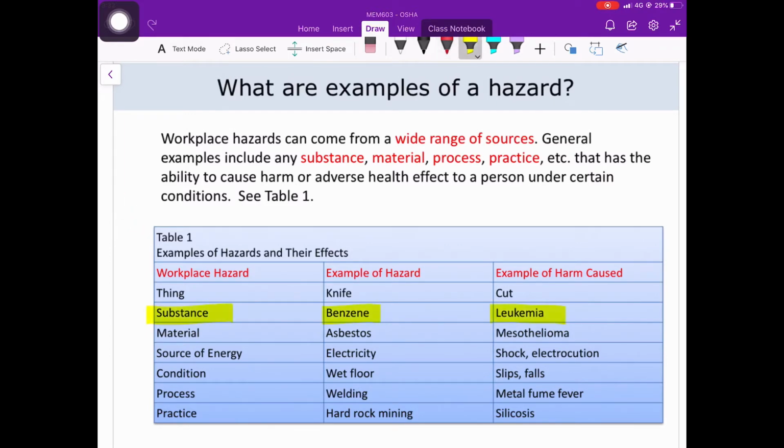For example, this workplace may have a hazard in the substance used in their process, which is benzene. A prolonged exposure to this substance may affect the health of the personnel or workers, where they might catch leukemia. Please have a look at other hazards for this workplace and their effects.